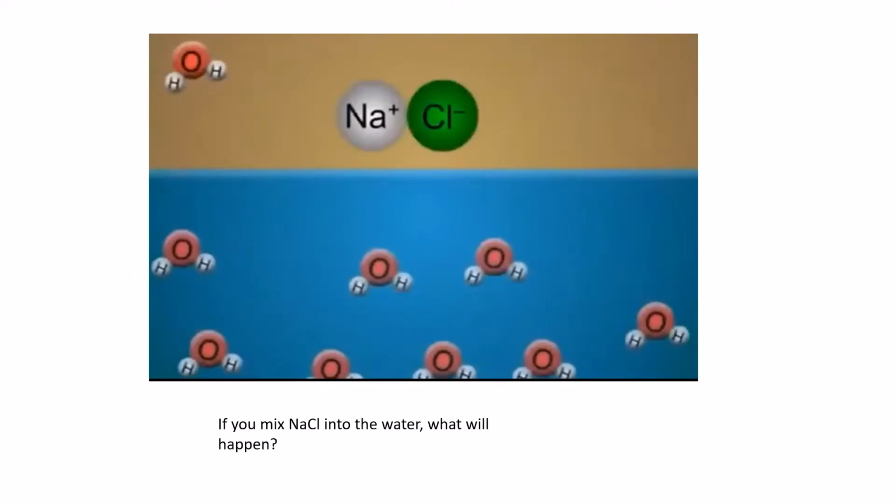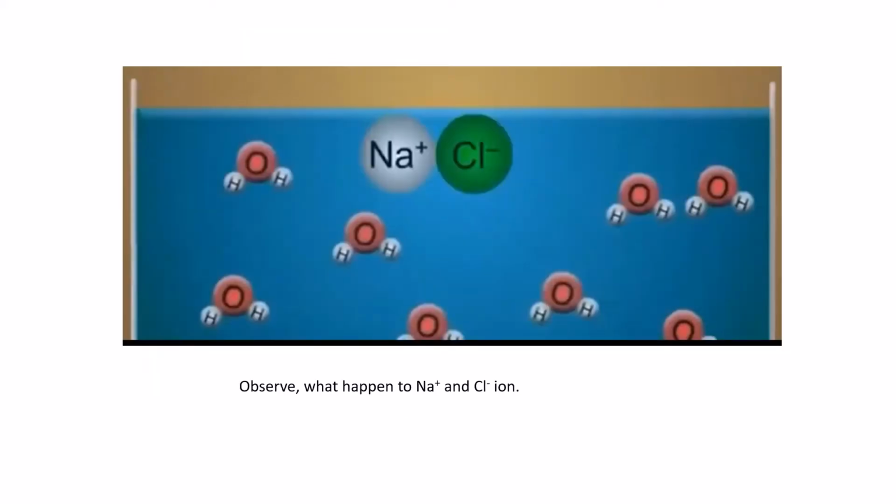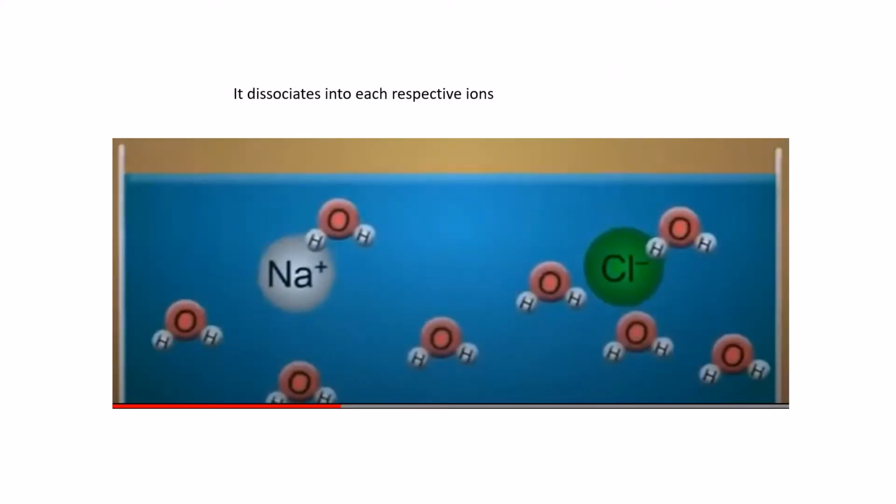What happens if you mix salt or sodium chloride into the water? Observe carefully what happened to sodium and what happened to chloride ion when you mix it with water. These ions of sodium and chlorine will dissociate.